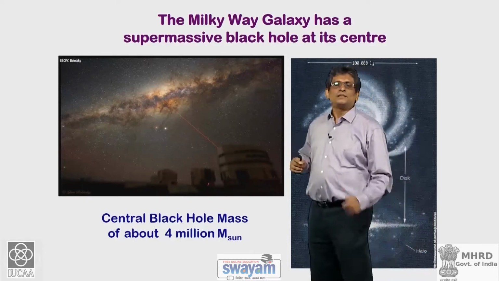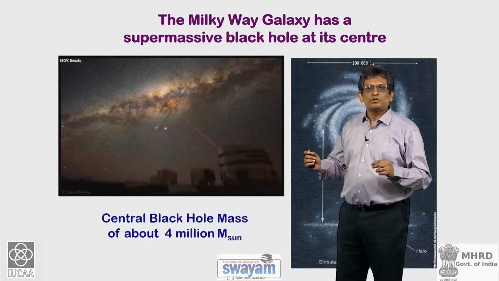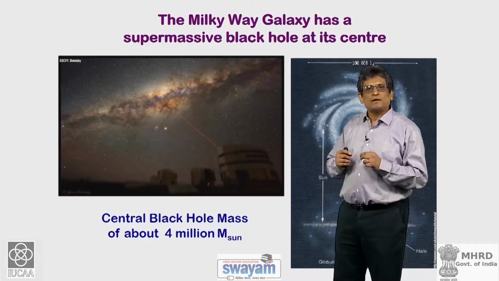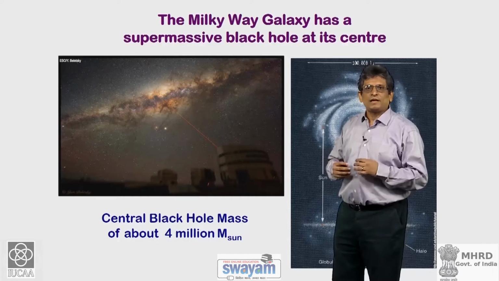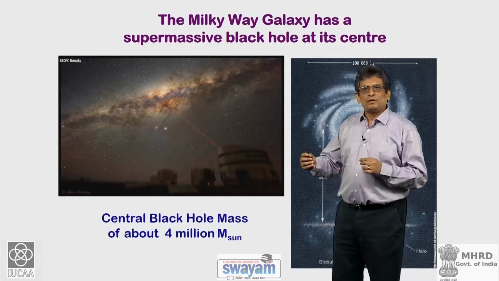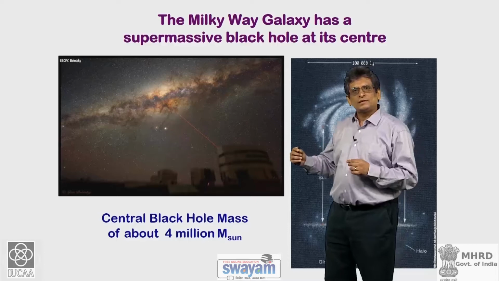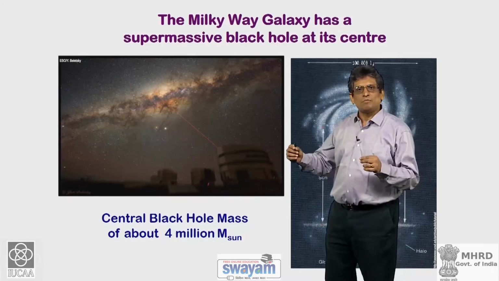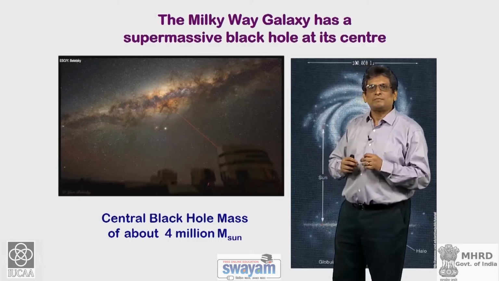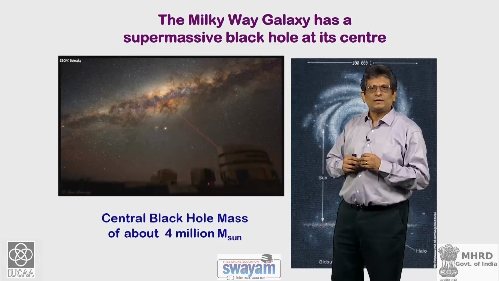One of the ways to do it is to look at the motion of stars that are very close to the center of our galaxy. Just like in the solar system, we look at the motion of the planets around the Sun, and by looking at the distance from the Sun as well as their motion, we can measure the mass of the Sun.